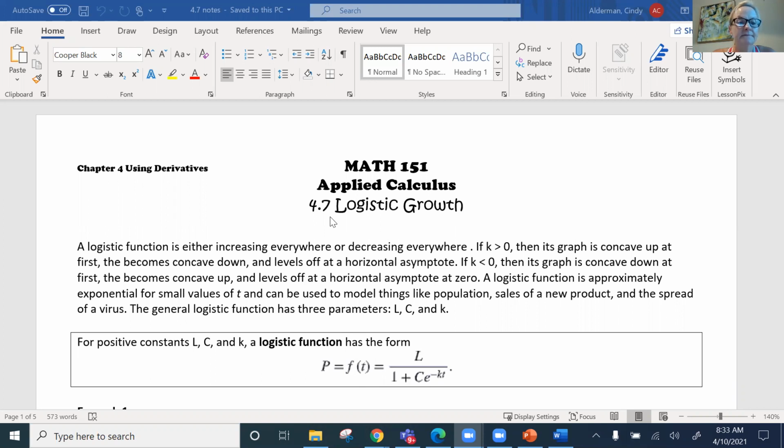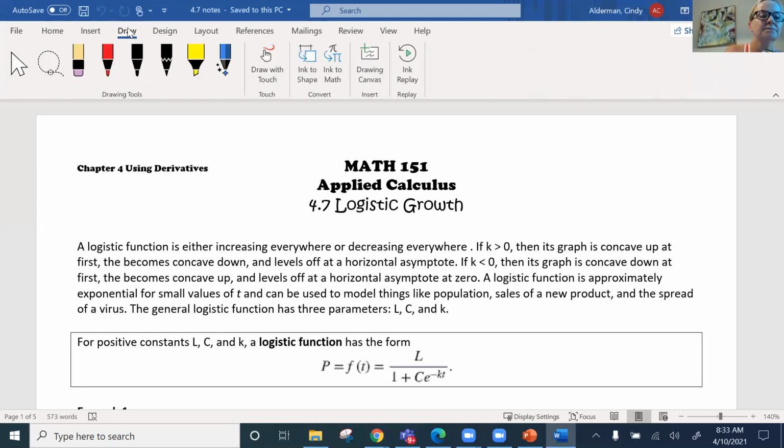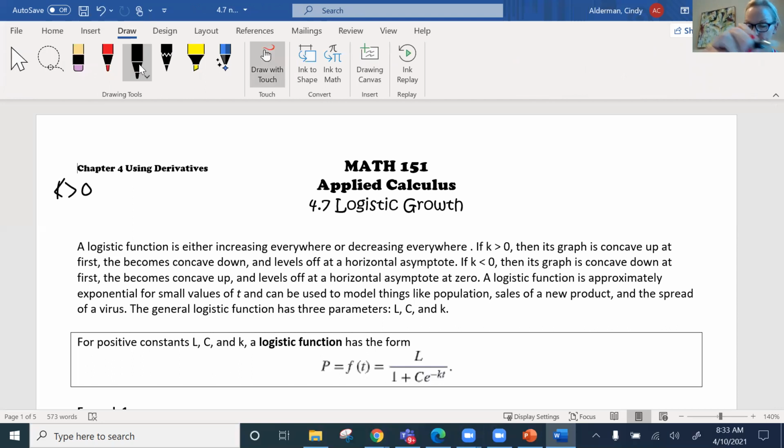All right, so a logistic function is either increasing everywhere or decreasing everywhere. So let me give you the two basic graphs here. If K is greater than 0, you're going to end up with a graph that looks something like this.